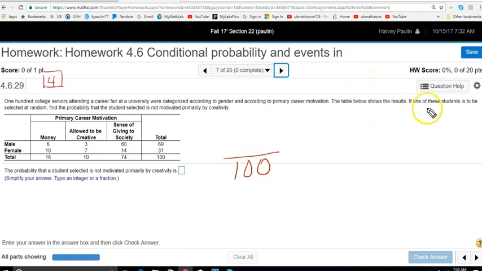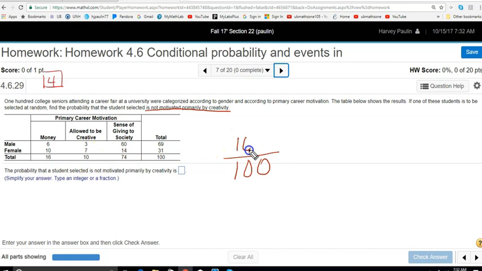Now the question they're asking us is, if one of these students is selected, what is the probability the student is not motivated primarily by creativity? Well, you could add up all of those, or you could look at here. These are the ones motivated by creativity. And what's the total of that? Well, that's 10.